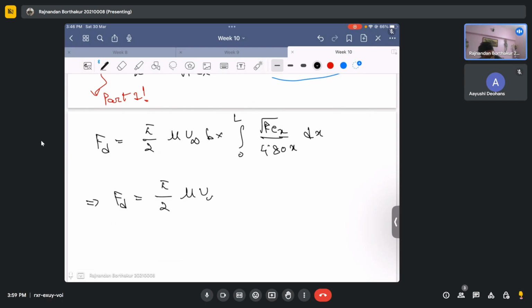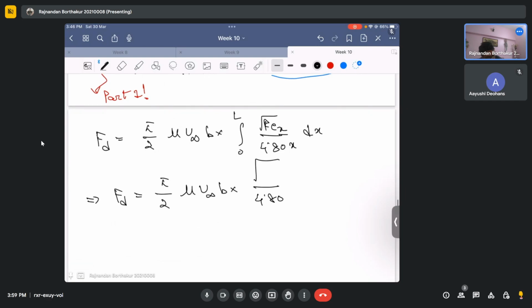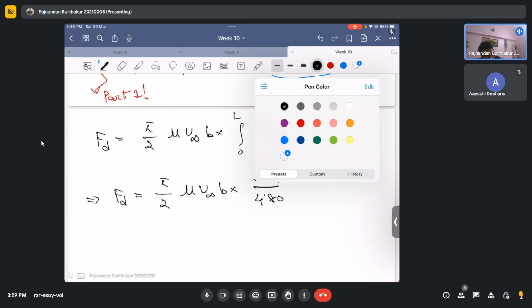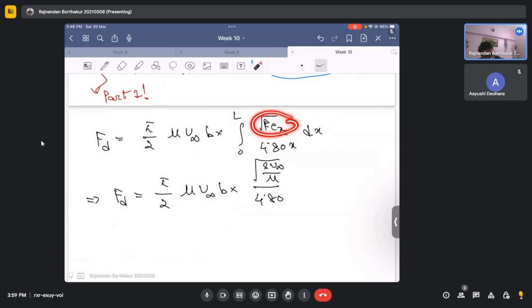and then take the constant outside, which is square root of rho u infinity by mu. All I'm doing is writing Rex as rho u infinity x by mu, and taking this constant outside along with the term 4.80.